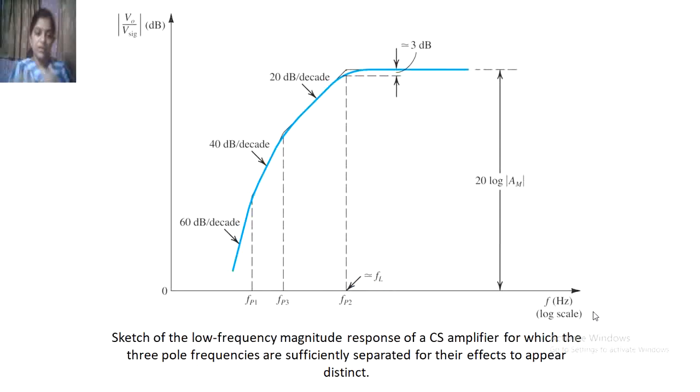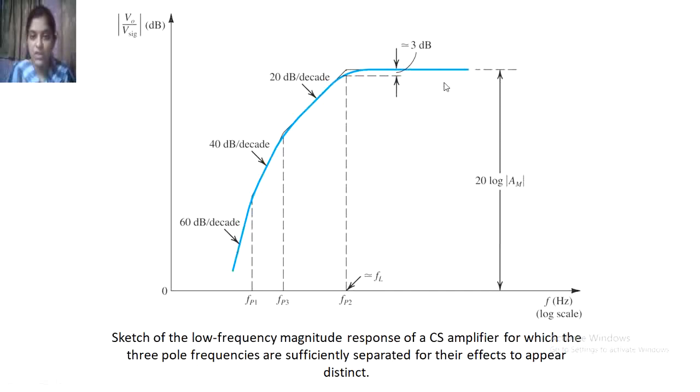So here is the sketch of the low frequency magnitude response of the CS amplifier, for which the three pole frequencies are sufficiently separated for their effects to appear distinct. Here is the gain in dB, and this is the frequency, which is plotted on a log scale.